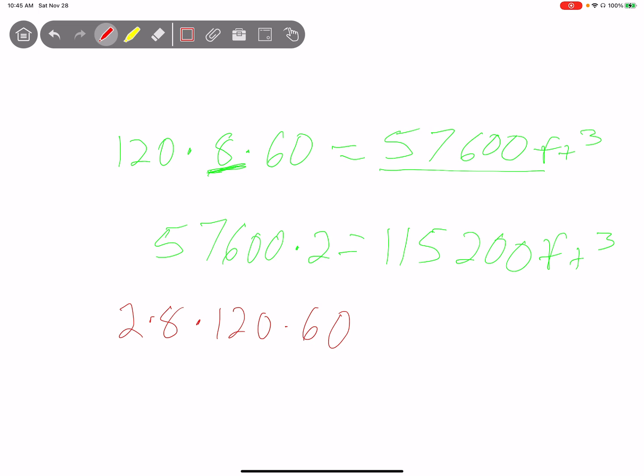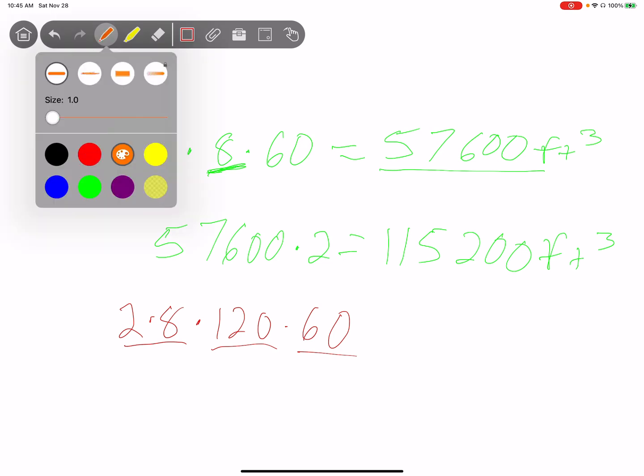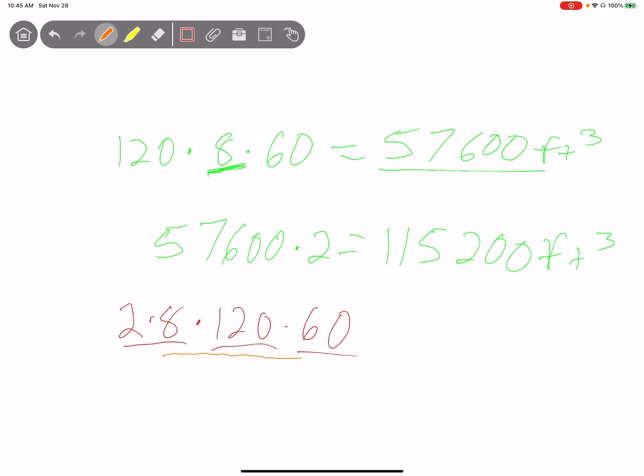No. So I could have multiplied 2 times 8 first and then multiplied by 120 or 60, or I could have multiplied 8 times 120, then 60, and then multiplied by 2. So in this case, it's okay that I multiplied 120 times 8 times 60 and then doubled that volume to get my answer, okay? Because it doesn't matter what order you multiply in.